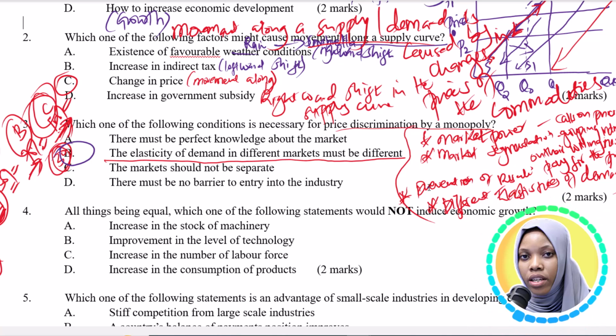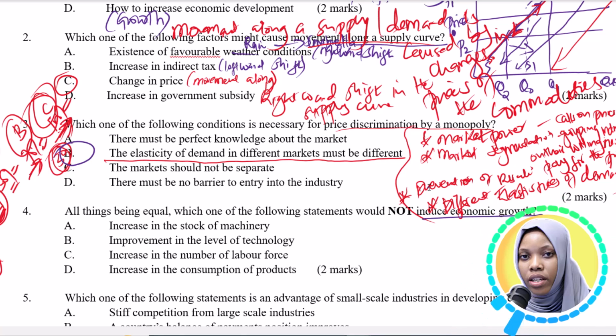Choice B is improvement in the level of technology. Choice C is increase in the number of labor force. Choice D is increase in the consumption of products.